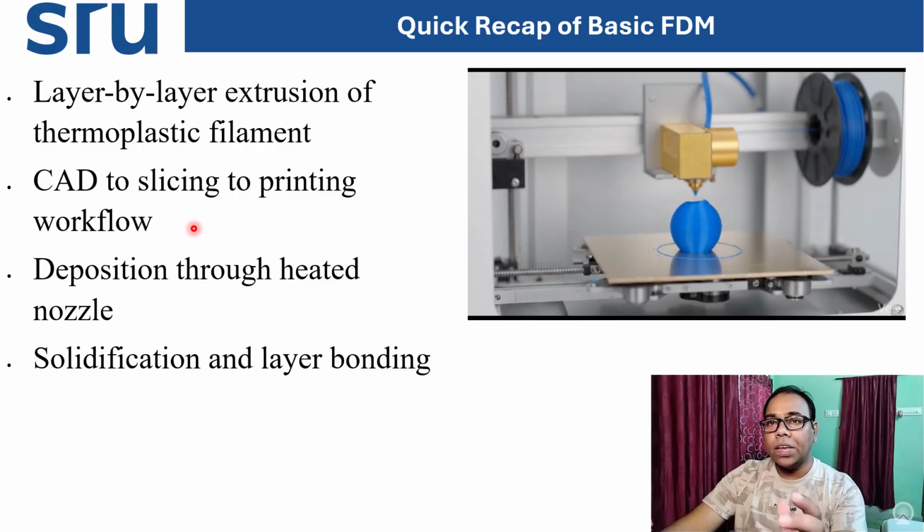CAD modeling can be done using many available CAD software like Fusion 360, SolidWorks, CATIA, ProE. There are many other software packages with which one can make the 3D design, and that design is nothing but the product they are going to manufacture.